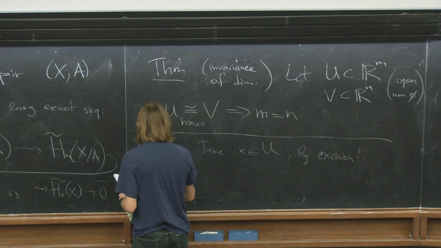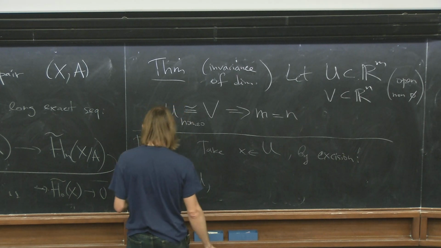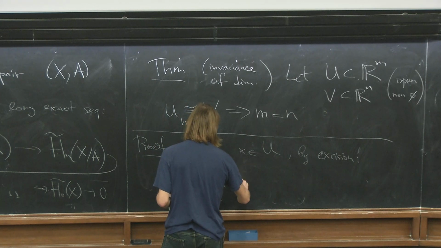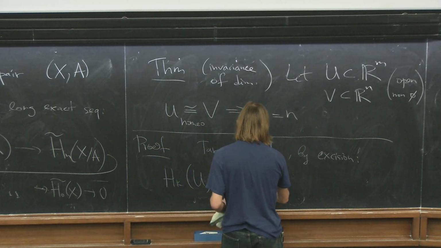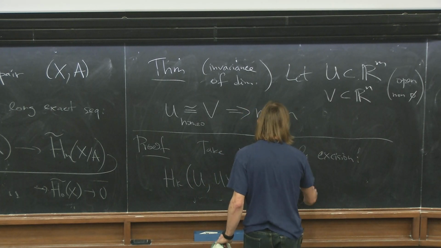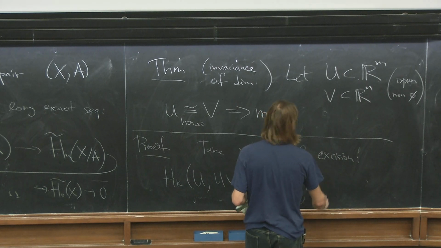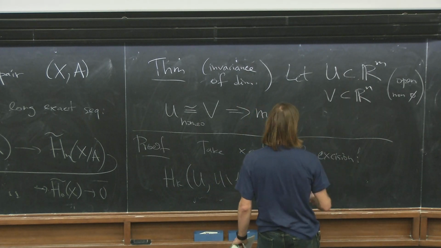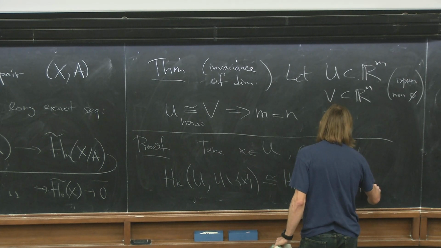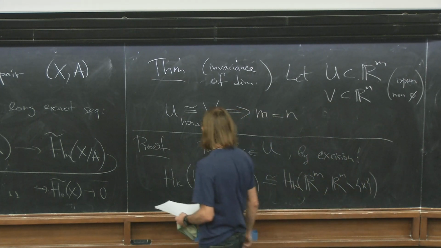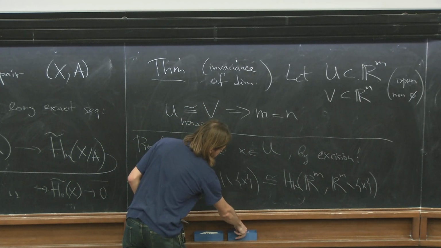We can notice that if we consider the relative homology group of U relative to U with this point removed, it's isomorphic to the relative homology group of Rm relative to Rm with just one point removed. How does this fit into the general statement of the excision theorem?